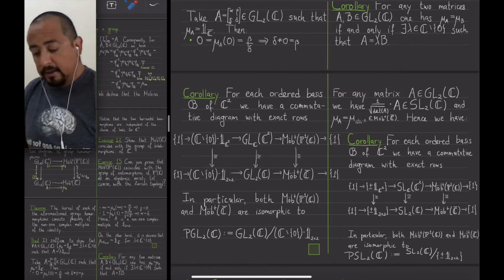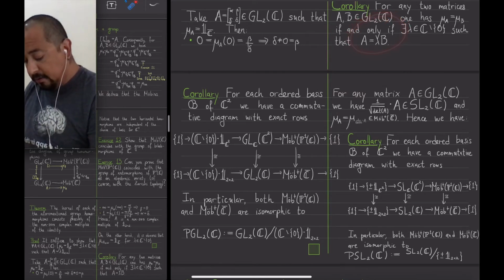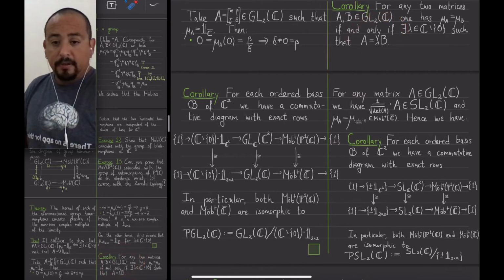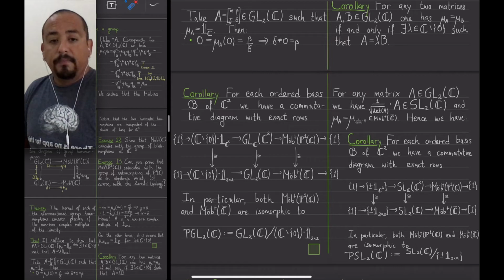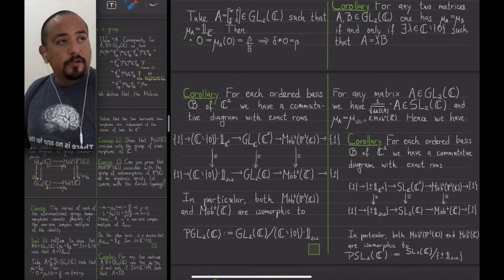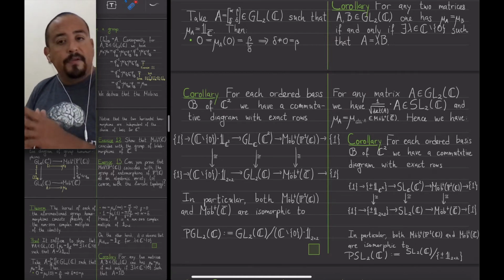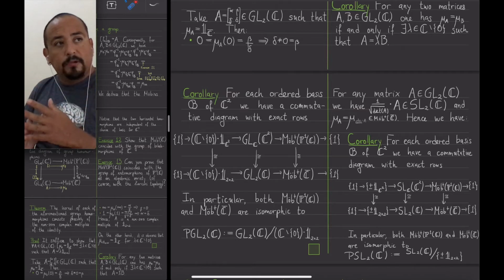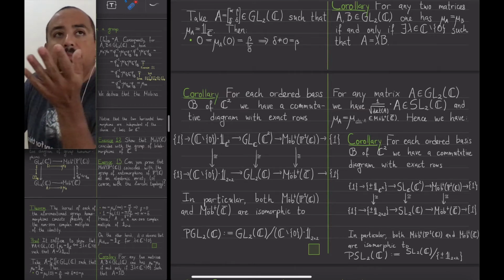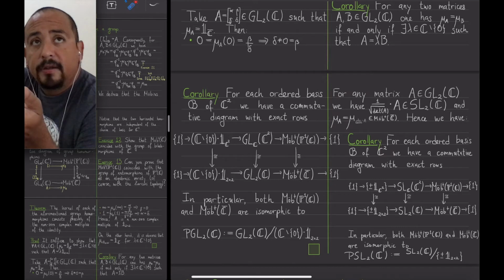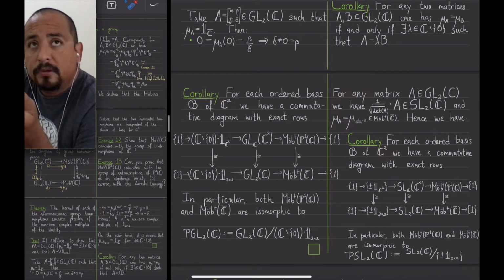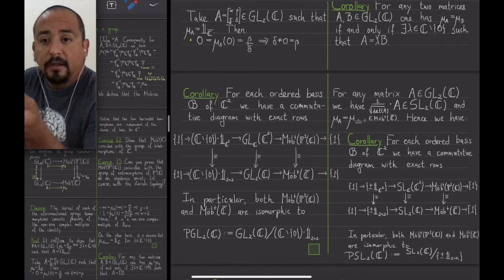We know that, right? I mean, it's this corollary. This opens the door to the question: is it possible to represent any Möbius transformation using a matrix of determinant 1?